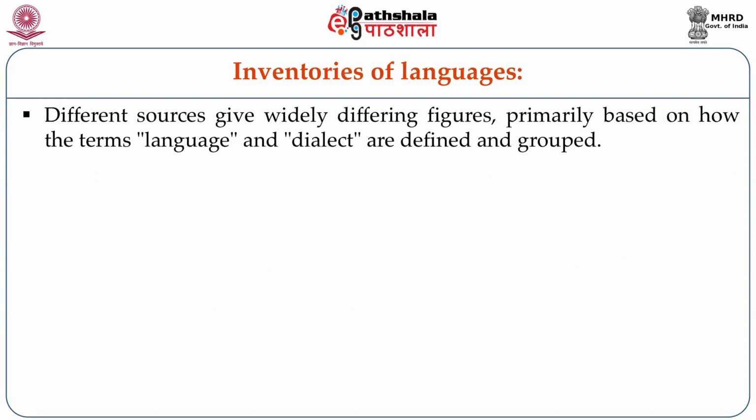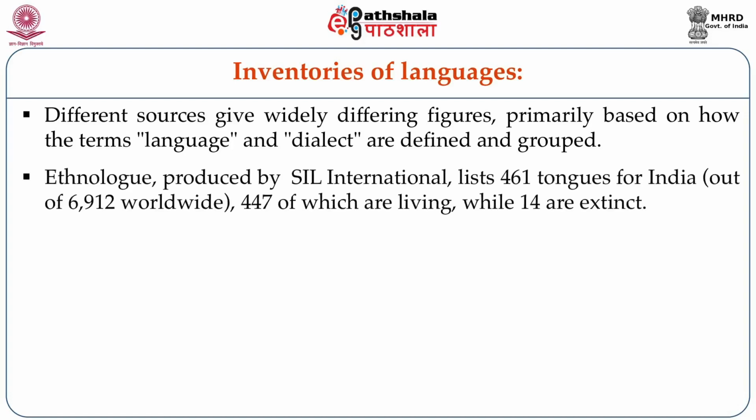Different sources give widely differing figures, primarily based on how the terms language and dialect are defined and grouped. Ethnologue produced by SIL International lists 461 tongues for India out of 619,912 worldwide, 447 of which are living, while 14 are supposed to be extinct.